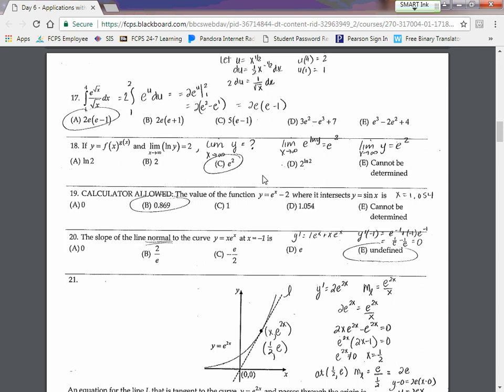So I require you to go back to your properties of limits. And again, the limit can enter in and come out of a function as long as it is a continuous function. Most often we see this in bringing out a coefficient or breaking apart across adding and subtracting. We've done a little bit where you can also bring it inside of a power, but again, this is true any time your function is continuous.